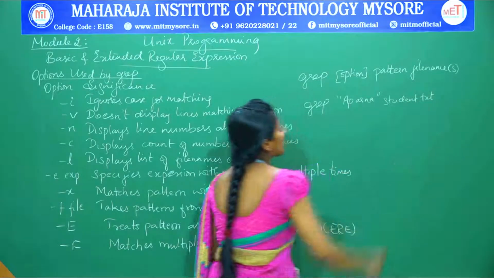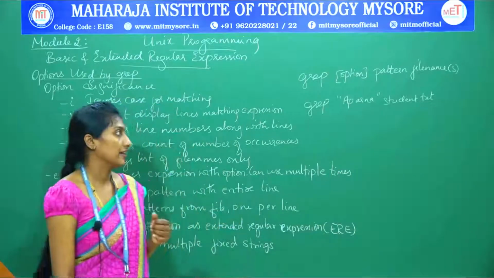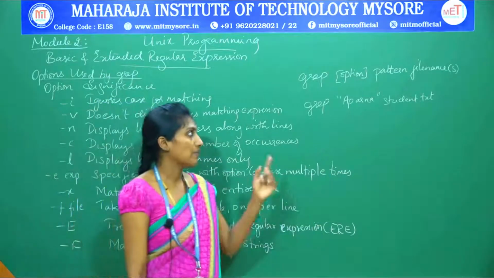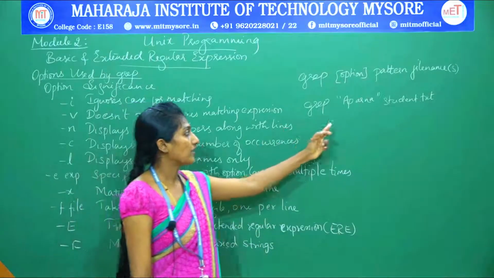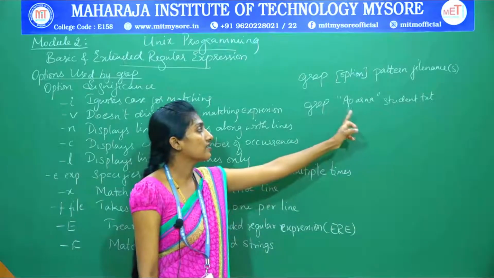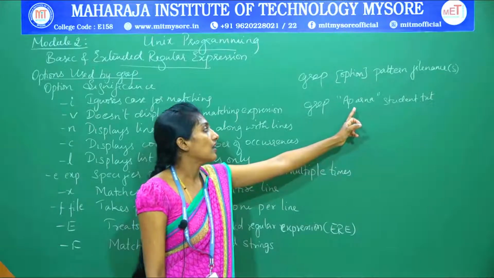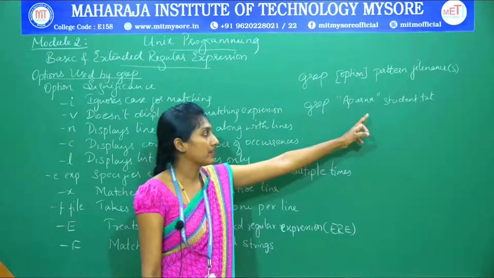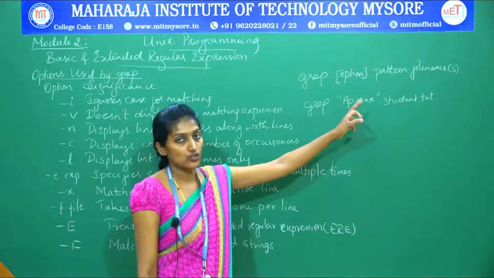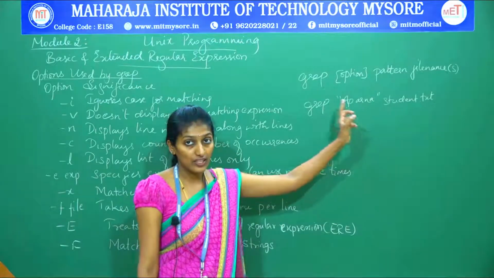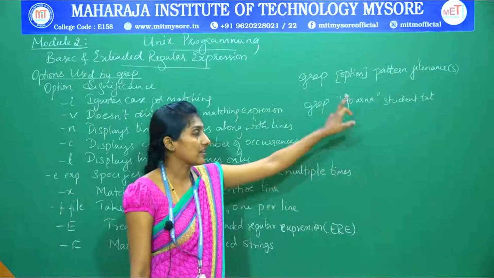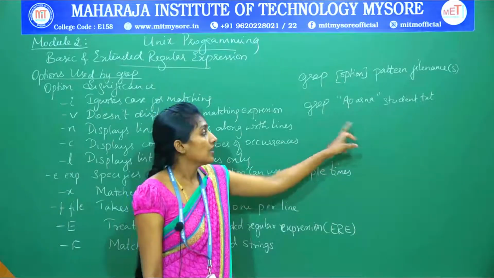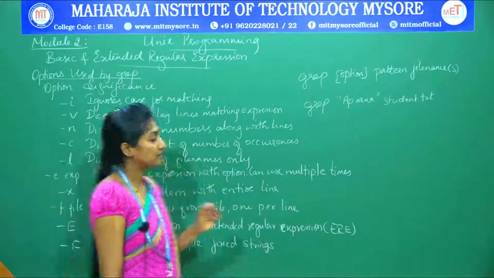This is one simple example of searching for a pattern from a particular file using the grep command. Grep scans the entire input command line, searches for the Aparna pattern in the student.txt file, and displays only those lines in which the name Aparna is there.